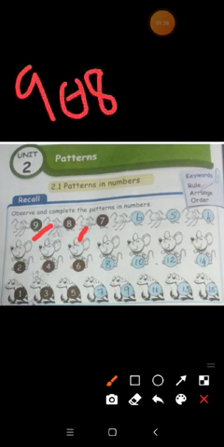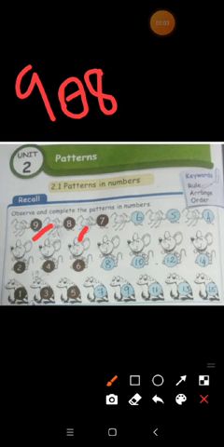Difference means subtract. I already told you this when I introduced subtraction and addition. Addition means total or sum. Take away, left, and difference: these three words indicate subtraction.